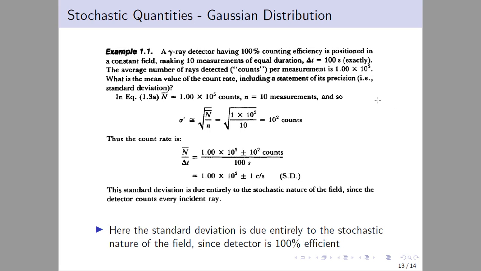These are the examples from our textbook. The standard deviation is due entirely to the stochastic nature of the field, since the detector counts every incident. So here we can see that the detector is good, but the radiation is, for example, spontaneous emission, so it can count only when the incident happens.